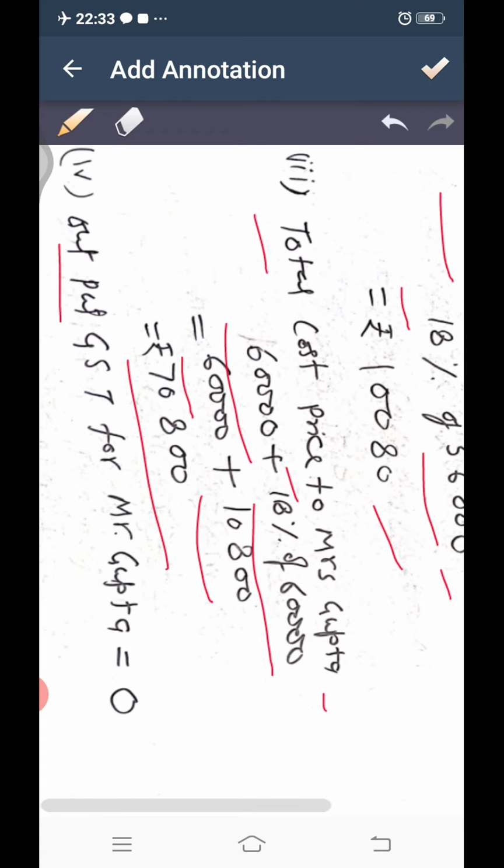Output GST for Mrs. Gupta. So you see, Mrs. Gupta is the end user. If Mrs. Gupta is not going to sell it, she will not charge any GST. So output GST for Mrs. Gupta will be 0. End user pays the output GST. The output GST for any end user or the consumer is 0.